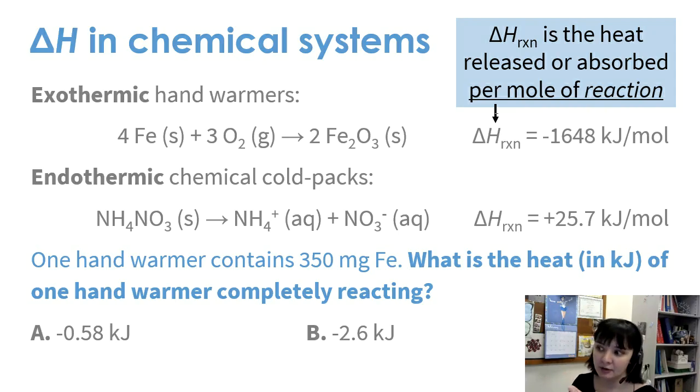So I can immediately get rid of choice C here. It's not going to be a positive 2.6 kilojoules. That wouldn't quite work out. But actually solving for this one, I do get negative 2.6 kilojoules. So let's walk through why that is, and we'll see exactly how we can arrive at this answer.